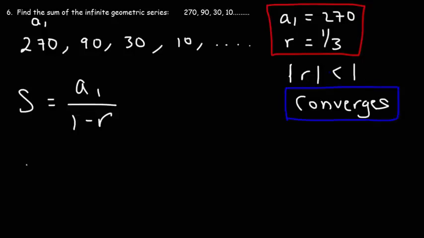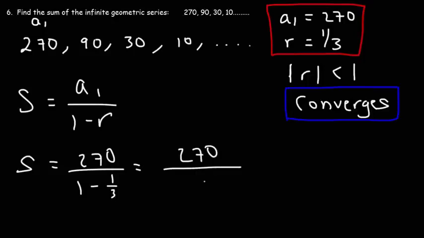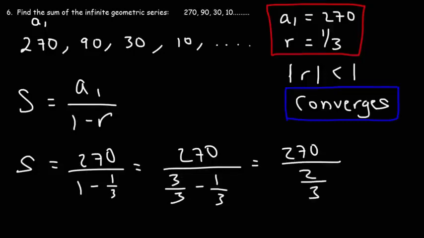So let's go ahead and calculate that sum. The first term is 270. r is 1/3. So what's 1 minus 1/3? 1, if you multiply it by 3/3, you get 3/3 minus 1/3, which is 2/3. Now what I'm going to do is multiply the top and bottom by 3.